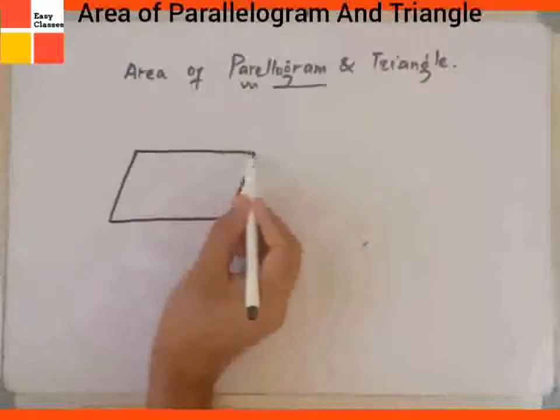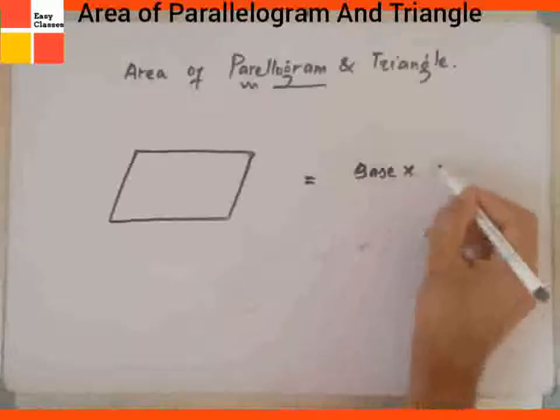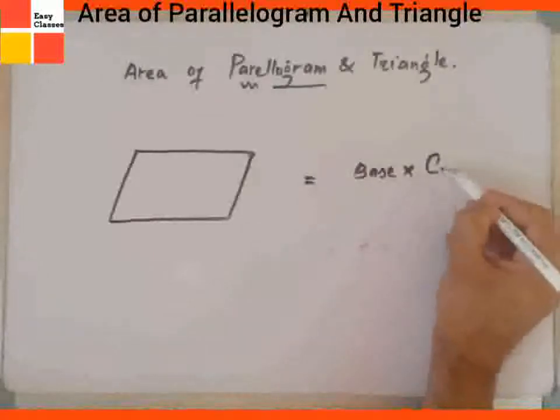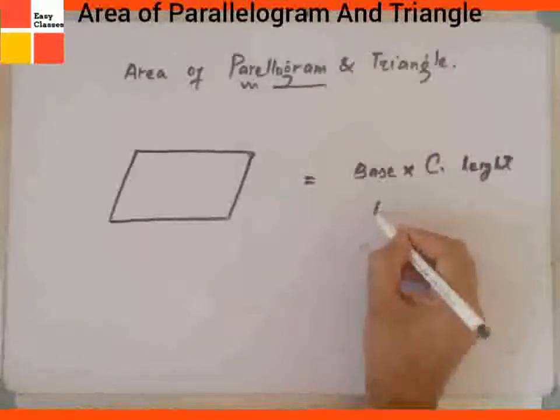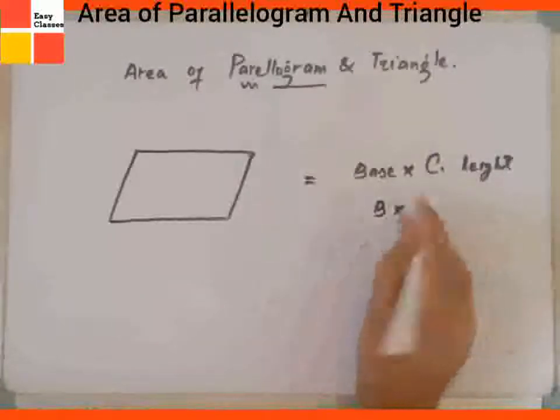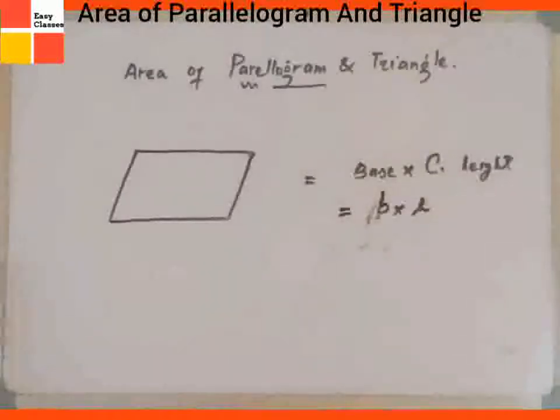So now we know that the area of a parallelogram is equal to base into corresponding height, or simply height, B into H, right?